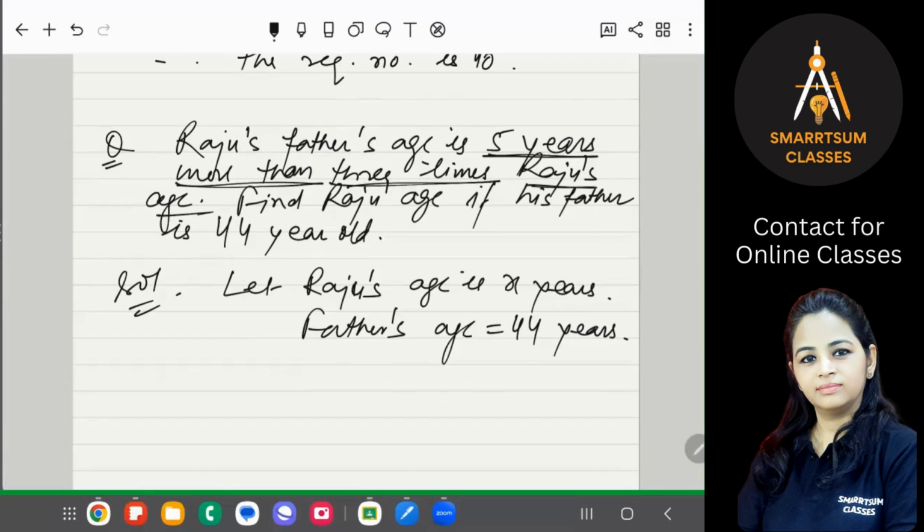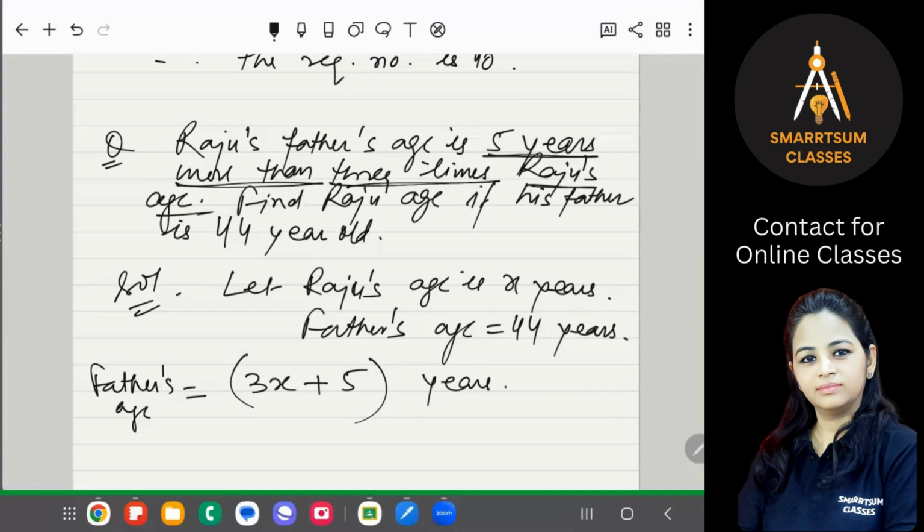Means his father's age is 5 years more than 3 times his age. So make an equation here. Raju's age is x years, so what will be 3 times Raju's age? 3x. And 5 years more than 3 times x will be 3x plus 5. So this is the father's age in terms of x.